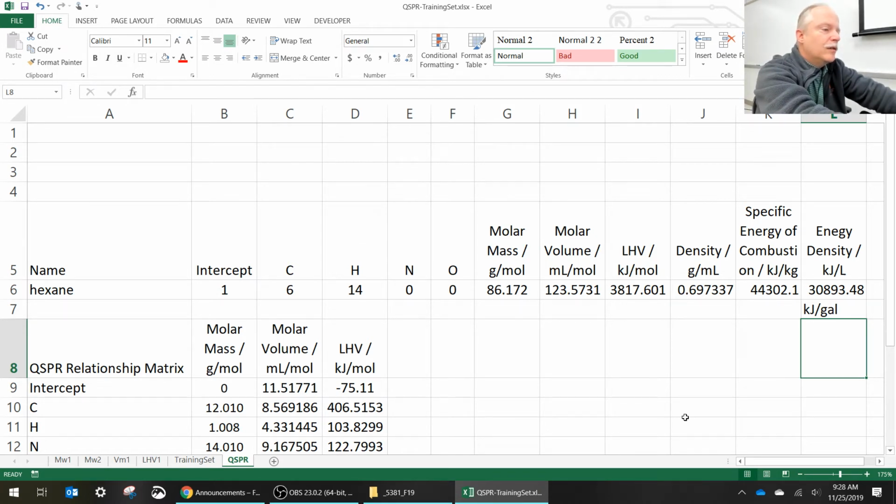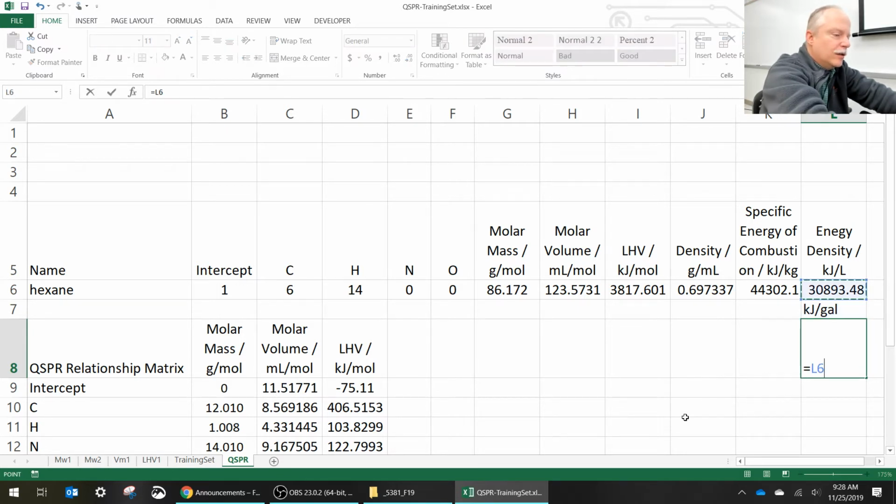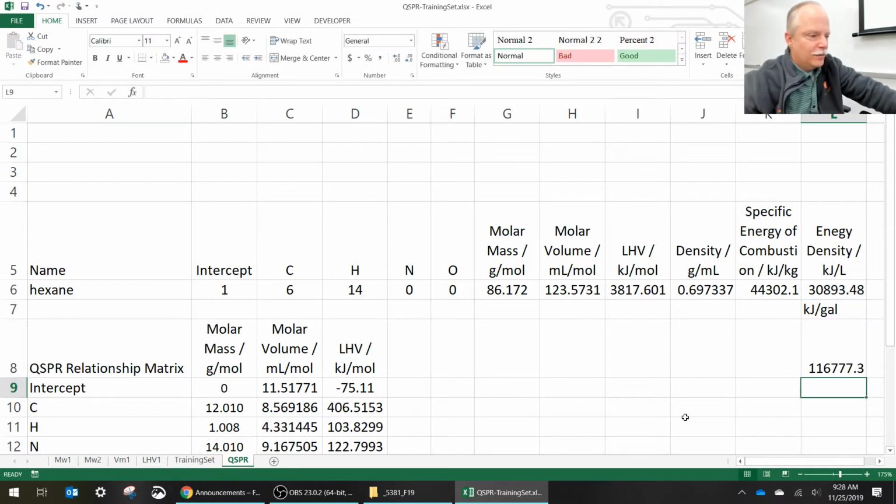So we want to multiply that by 3.78 to get from liters to gallons. Liters is in the denominator, so we should be multiplying by 3.785. Okay, that's good. All right, so then we have 117,000 kilojoules per gallon.